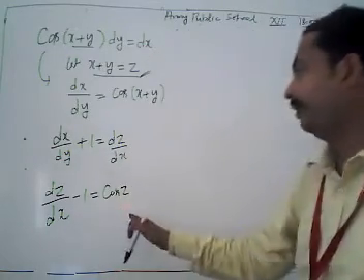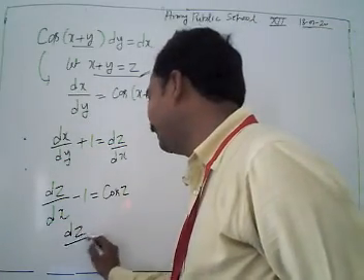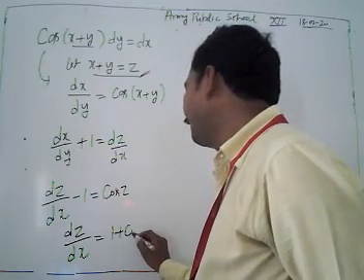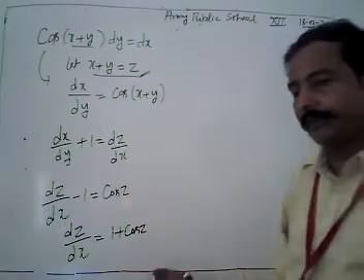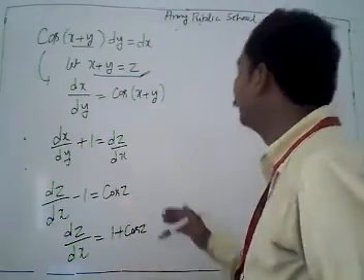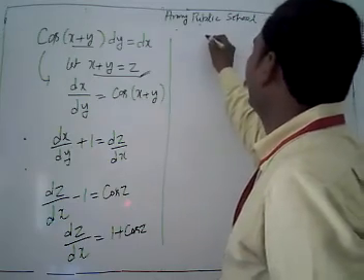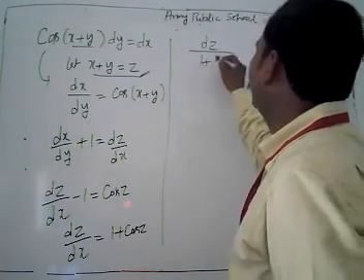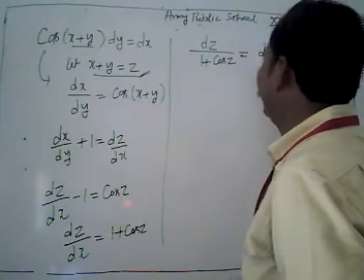Also we can write dz/dx equal to 1 plus cos z. Now we separate our variables. After separating variables, we have dz upon 1 plus cos z equal to dx.